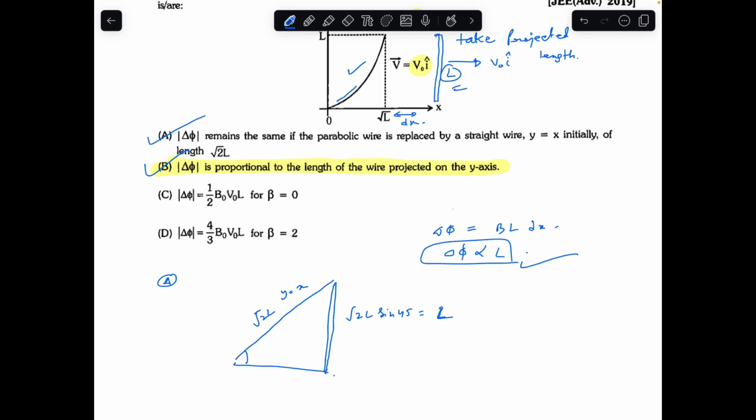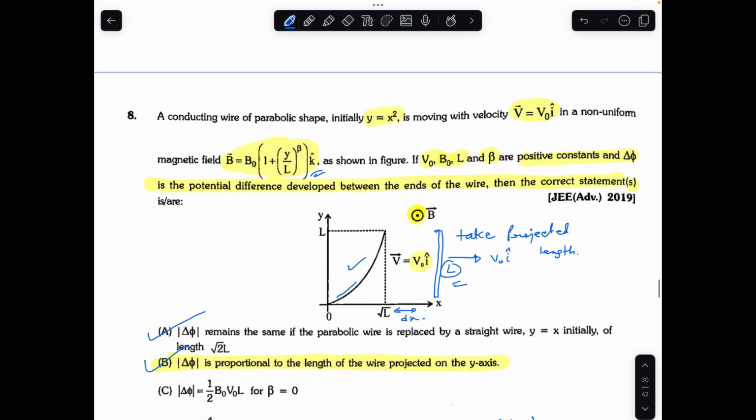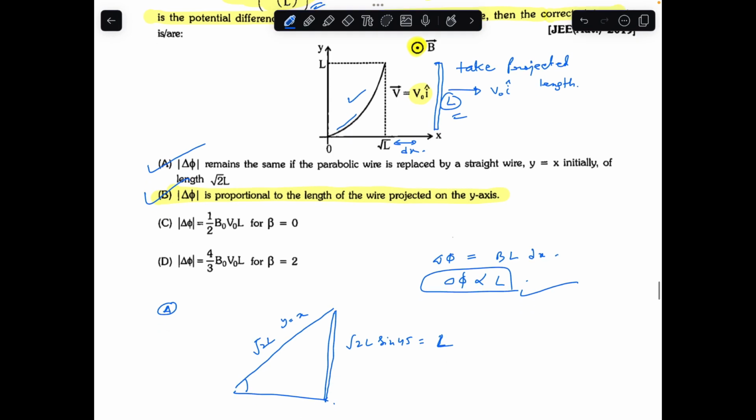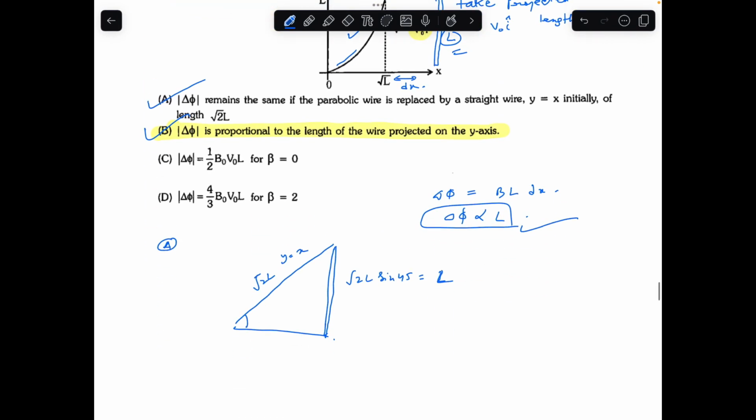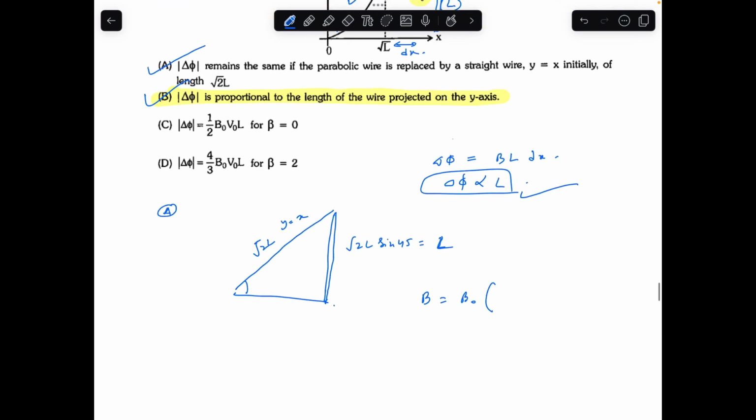C, delta phi equal to half B naught V naught L for beta equal to 0. Now this equation comes to the picture. Equation is B equal to B naught into 1 plus Y by L to the power beta.